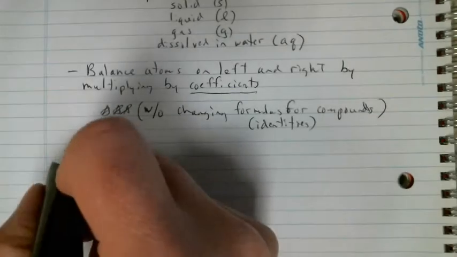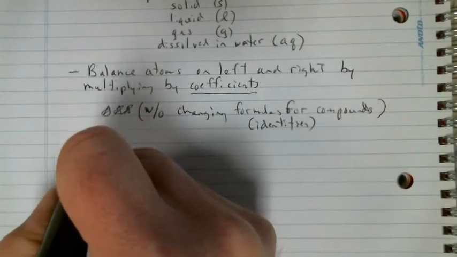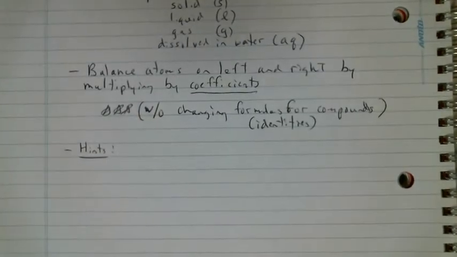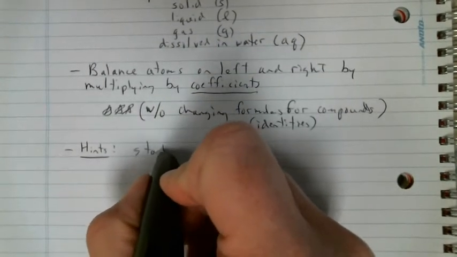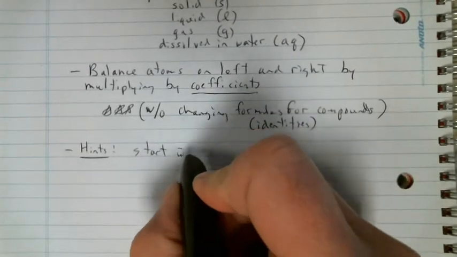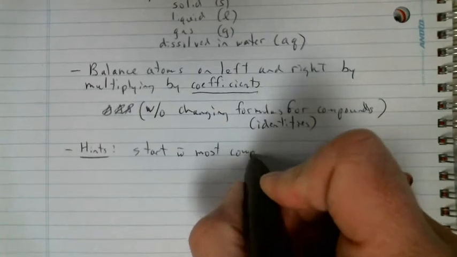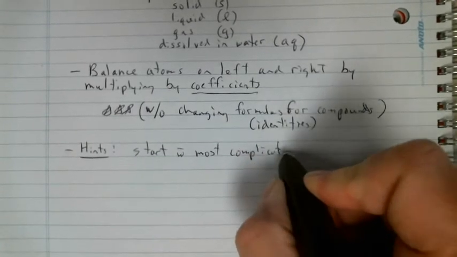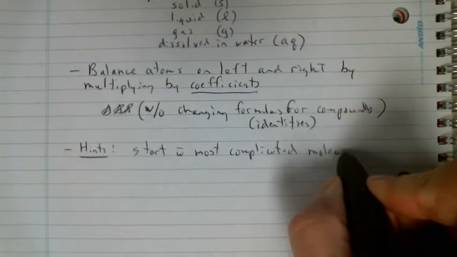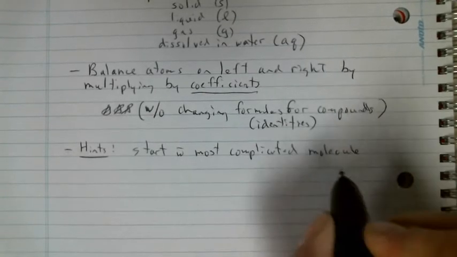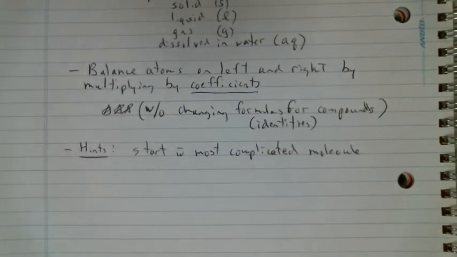And so this is just a list of things that I think sometimes help. So hints. First hint would be, let's start with the most complicated molecule. And that sometimes will work better. Okay, I'm trying to write as neatly as I can, but there's a little bump under here.